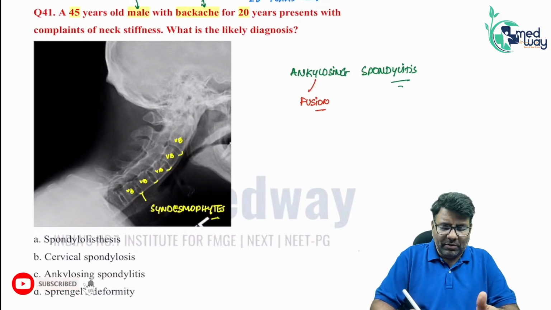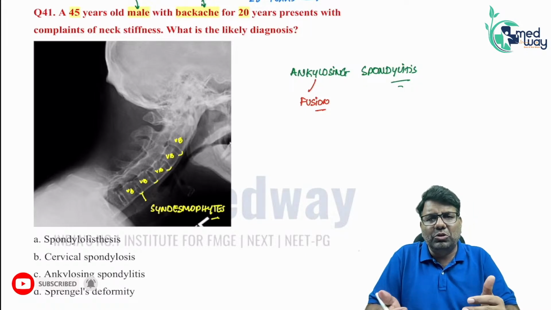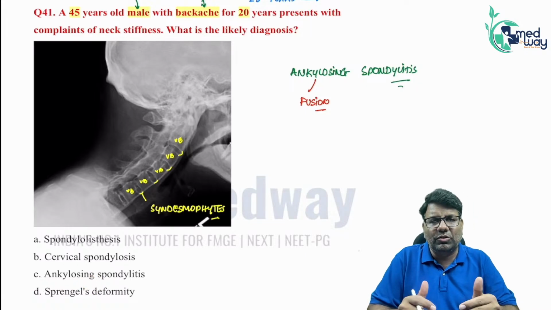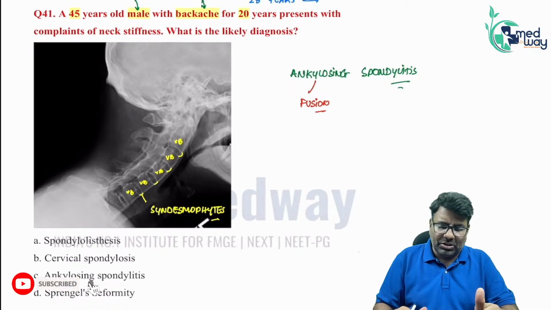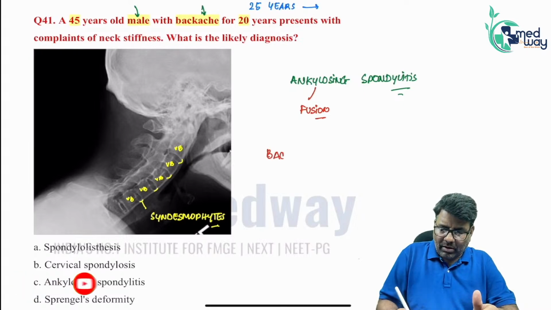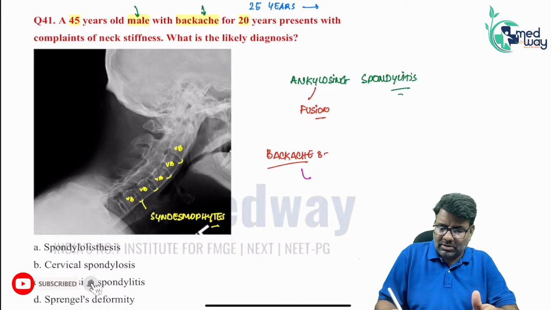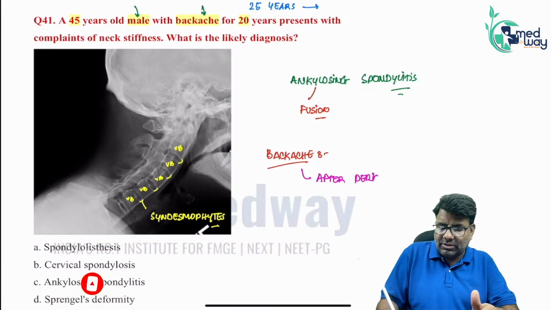And if you have seen X-rays of the lumbar region, you might have heard of bamboo spine. That is just because of fusion of those vertebrae, with syndesmophyte formation. As far as this backache is concerned, there is a classical presentation. It usually comes after a period of inactivity.